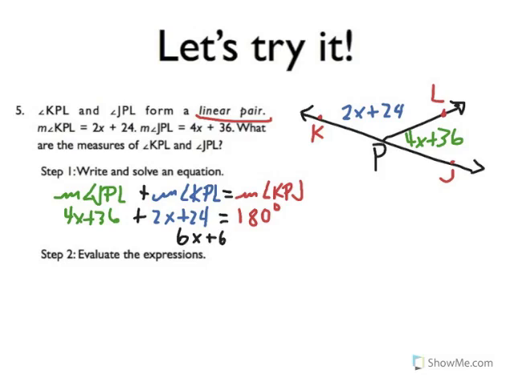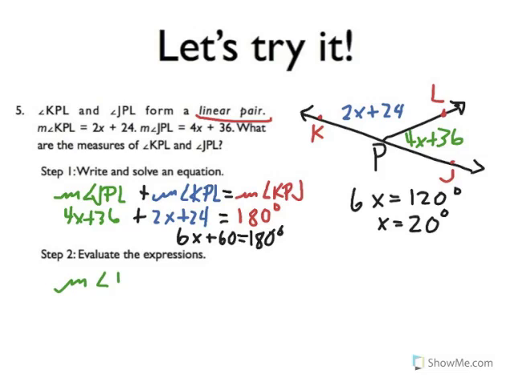Now let's do some algebra here. 6x plus 60 is going to equal 180 degrees. So 6x has to equal 120 degrees, subtracting 60 from both sides. And x is equal to 20 degrees, dividing both sides by 6. So that's step one, write and solve an equation. Now we're going to evaluate our expressions. So the measure of angle JPL is going to equal 4 times the 20 degrees that we found, plus 36.